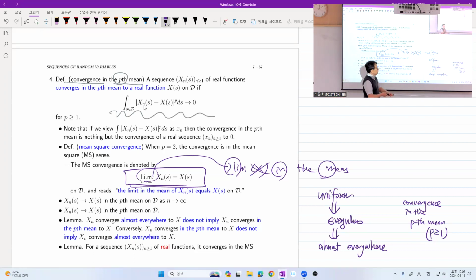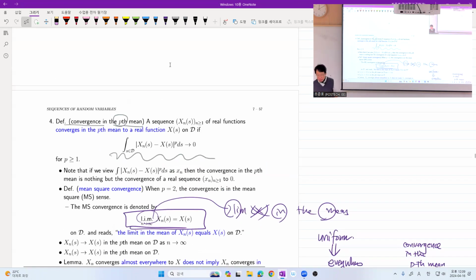You can find an example where you have convergence in the second mean, so you have a limit in the mean, that does not even have everywhere convergence or almost everywhere convergence. Got it? And here I want to say that, see, you remember this one.